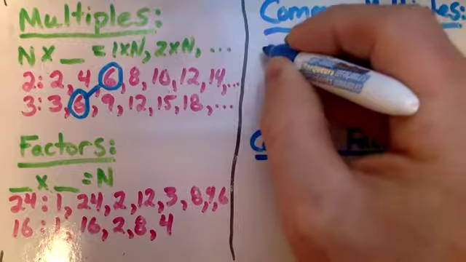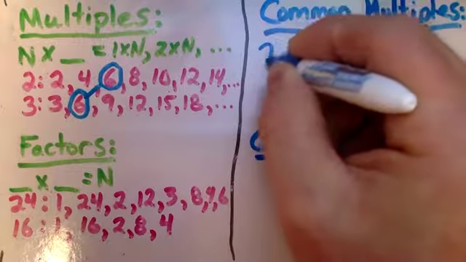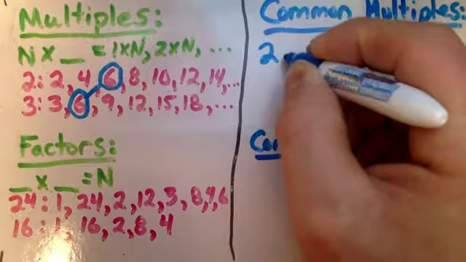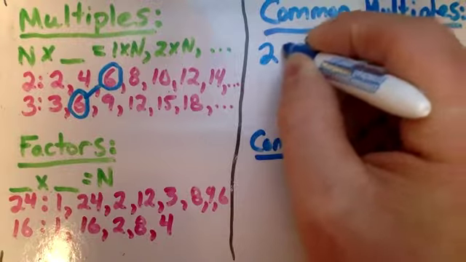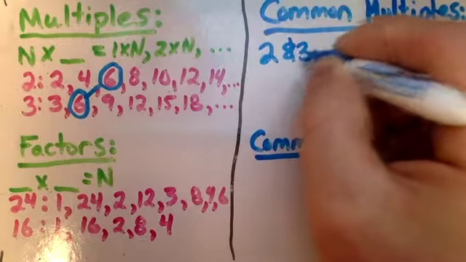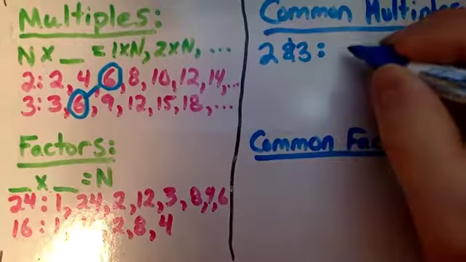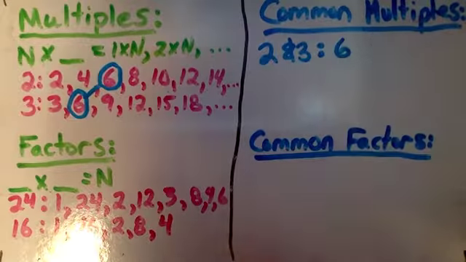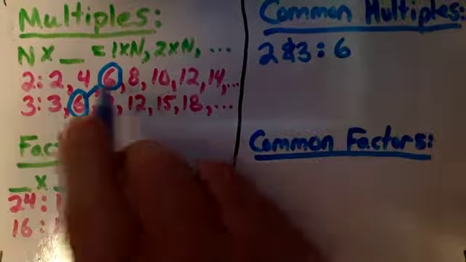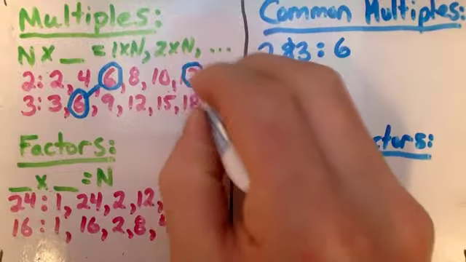So if we have common multiples of 2 and 3, then we're going to include 6. As we go up, we'll also notice that there's 12.